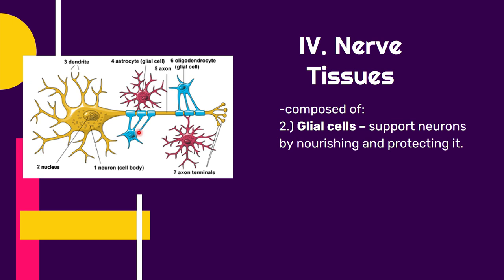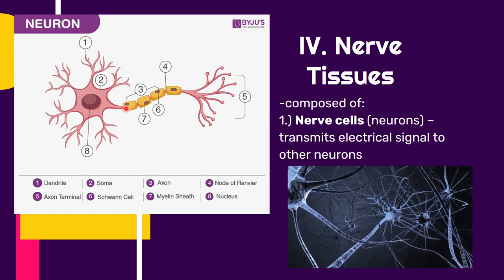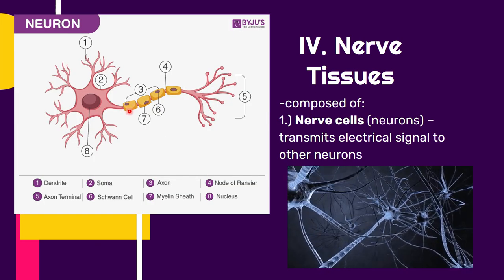Their job is to support the neuron, okay, by nourishing them, for example, by providing them with substances, and also to protect the neuron, and also to produce a certain type of structure on our neuron, these yellow ones here.